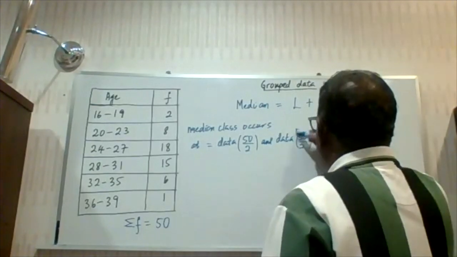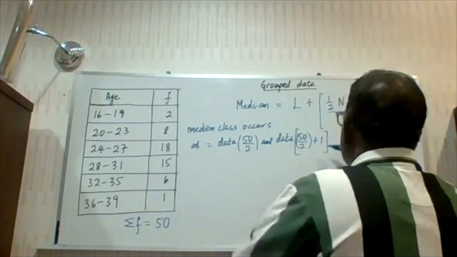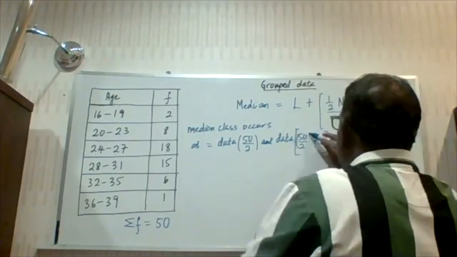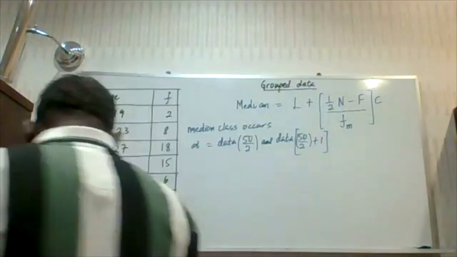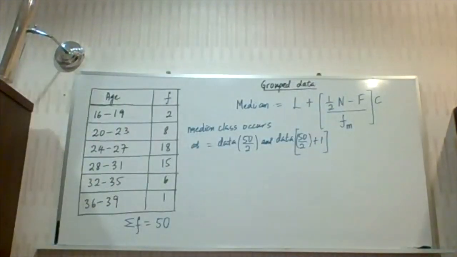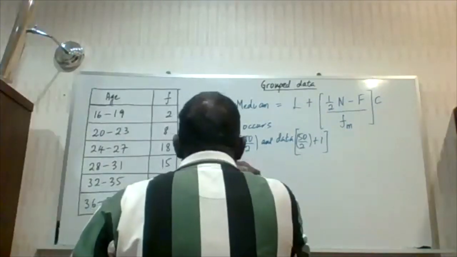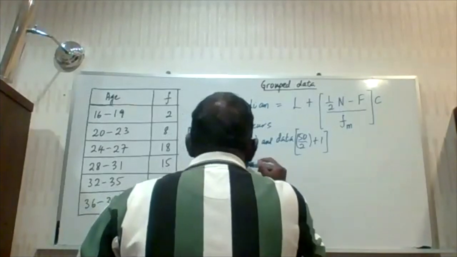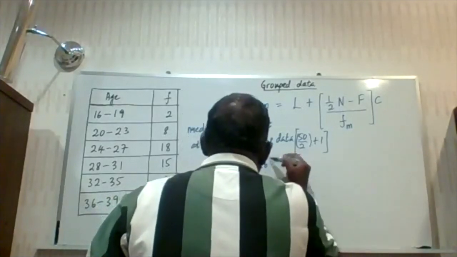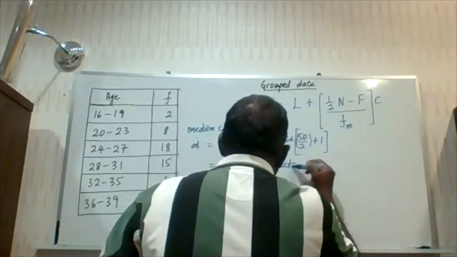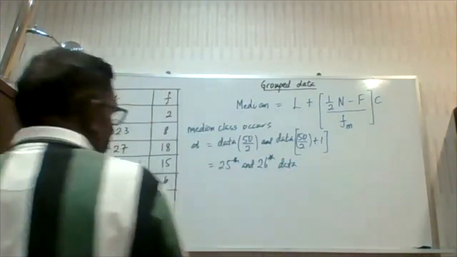So the median class is in between these two data. This works out to be the 25th and 26th data. So the median class is in these two, and the median is around there.